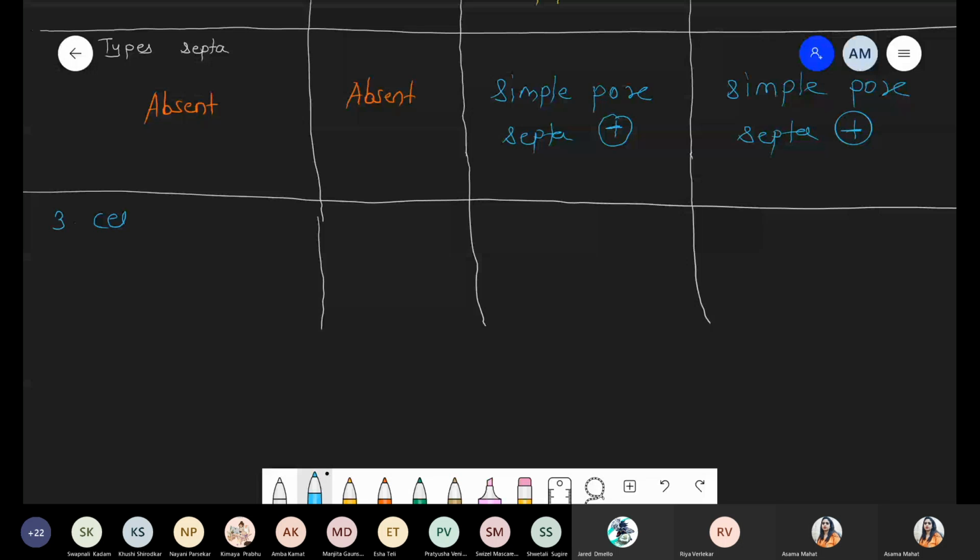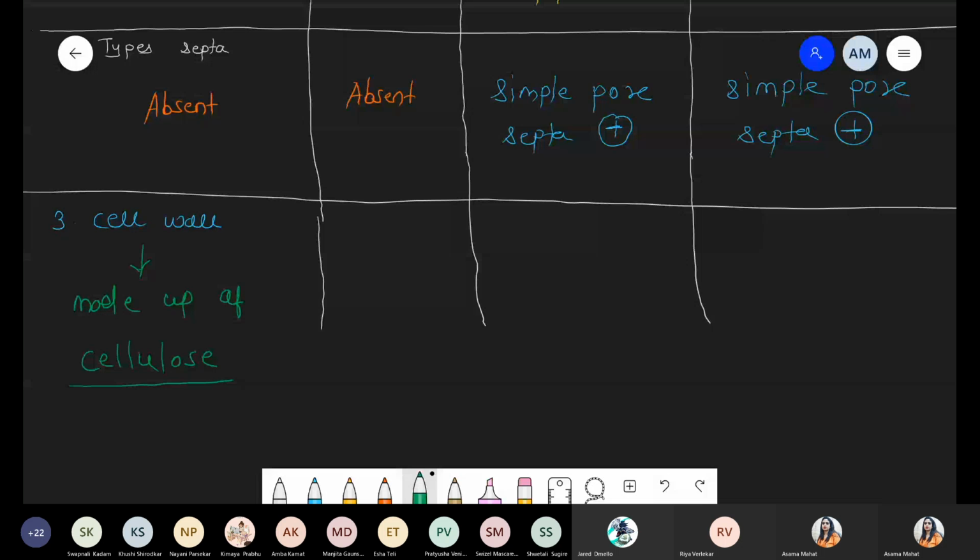Third point, cell wall. I hope you remember we just discussed that in the case of fungi, the cell walls are made up of chitin. Except one case, in the case of oomycetes, the cell wall is made up of cellulose. First, under the oomycetes, the typical cell wall is made up of a material, and that material is nothing but cellulose, right?